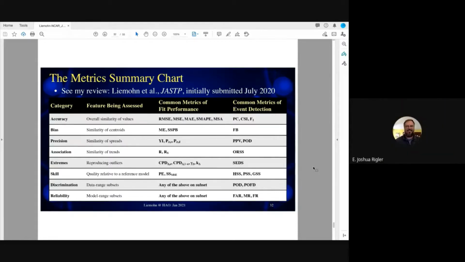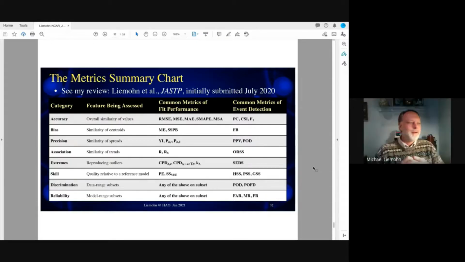Hi, Mike. I'm wondering if you had anything to say about multivariable metrics and/or looking at vector quantities. Yeah, no, I guess I didn't prepare anything about that in this.